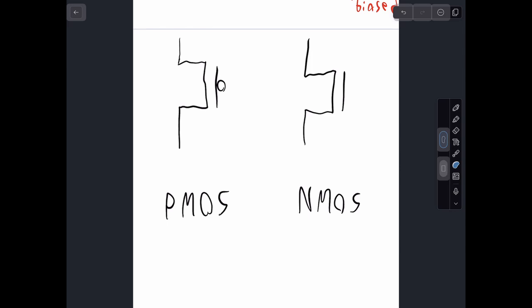So if the gate is 0 volts for a PMOS, then the drain is going to be 1. But then that's inverted for the other way. Is that right? Oh, almost. Okay.